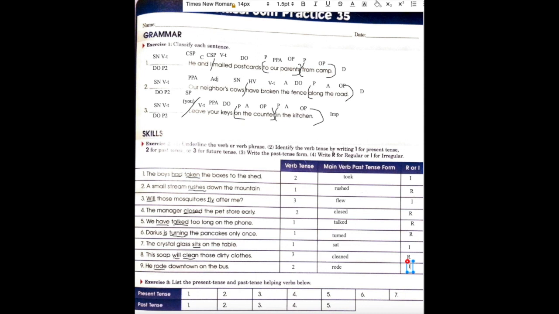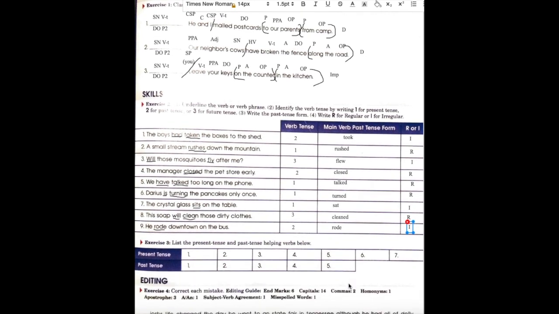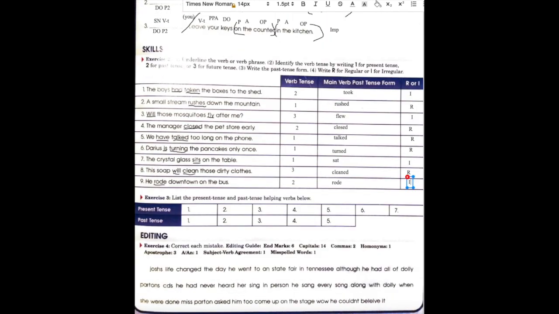And then exercise 3 is really easy. It says list the present tense and past tense helping verbs below. So you can do that on your own, but just to help you out, I will put them in here for you.